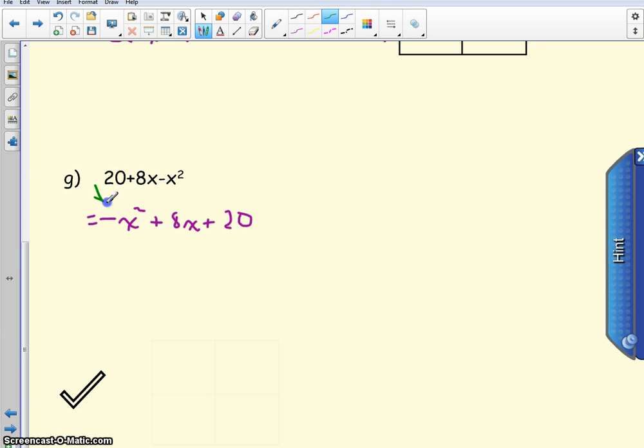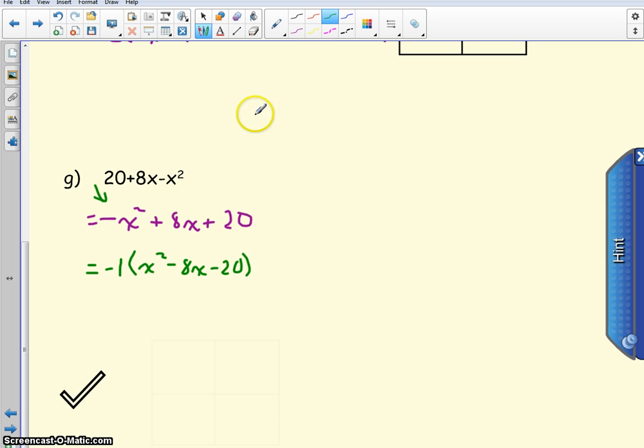If you're working with arrays, or even if you're not, it makes it a lot easier, because then you have a simple trinomial left over. It'll have 1 there instead of a negative 1. So we're taking out that factor of negative 1, and we're going to be left with x squared minus 8x minus 20. It changes the signs of everything else that's there.